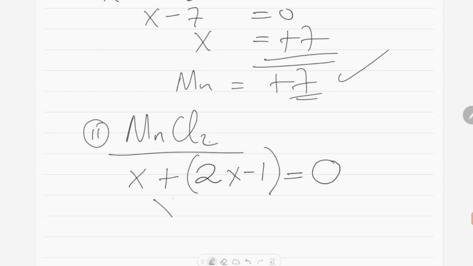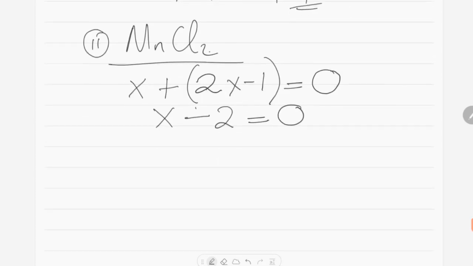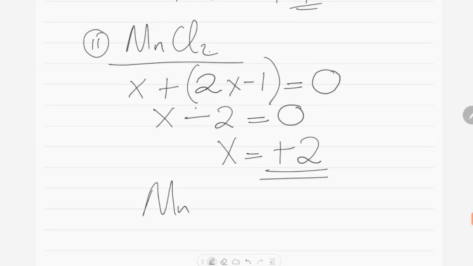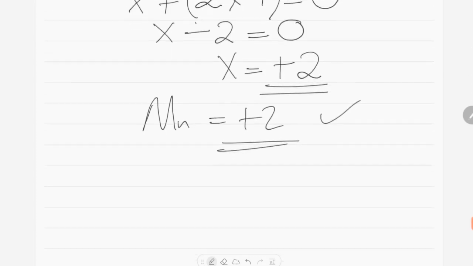So we're going to have X, 2 times negative 1 becomes minus 2, which is equal to 0. When we do that, X is equal to plus 2. So the oxidation state of manganese in manganese chloride is equal to plus 2. So that is how we find the oxidation state.